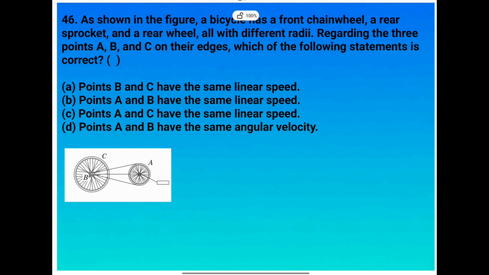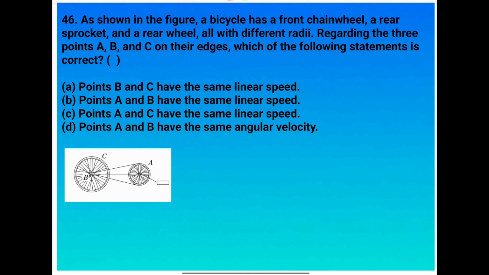Question number 46. As shown in a figure, a bicycle has a front chain wheel, a rear spoke, and a rear wheel, all with different radii. Regarding the 3 points A, B, and C on their edges, which of the following statements is correct? Here, point A and point B, these 2 points are connected with the same chain. So these 2 points will have the same velocity.